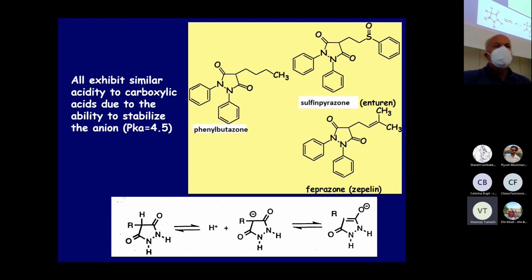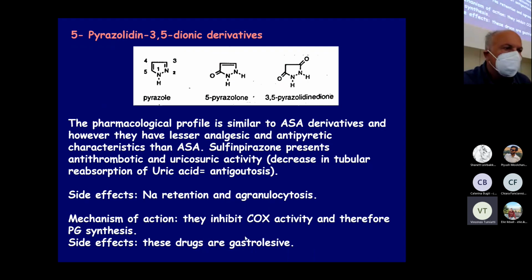There is one compound in therapy which derives from phenylbutazone, but it is not used as an anti-inflammatory, but as an anti-gout agent. It increases the elimination of uric acid in urine.